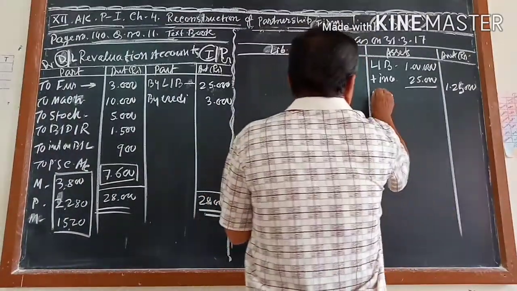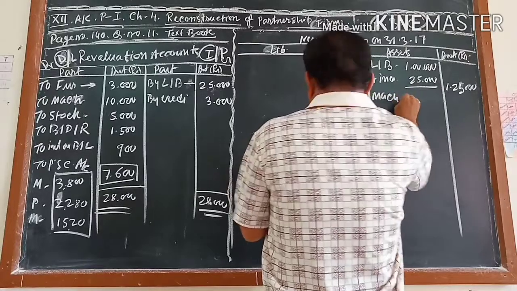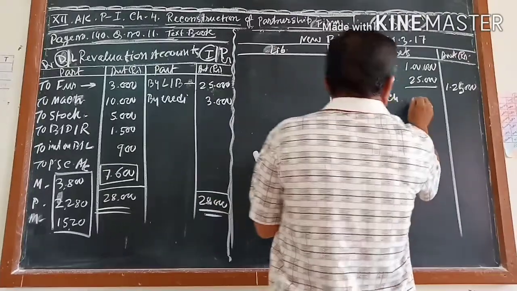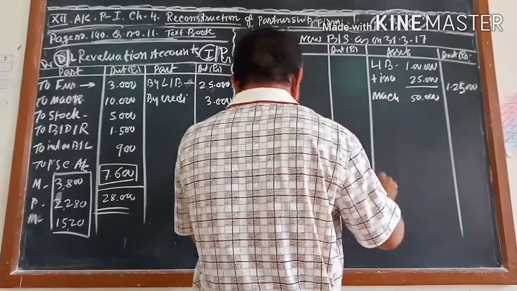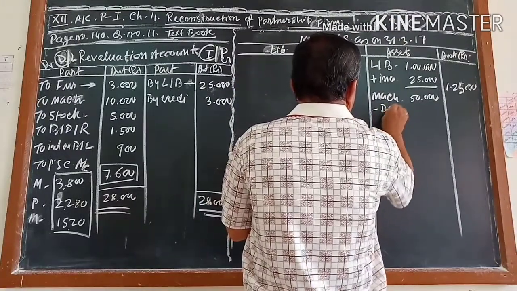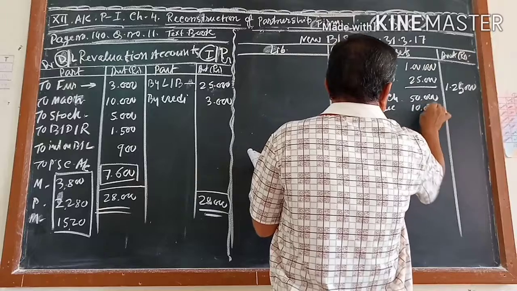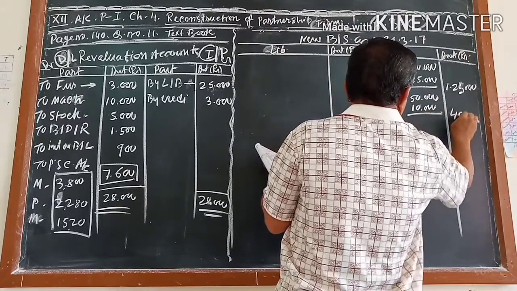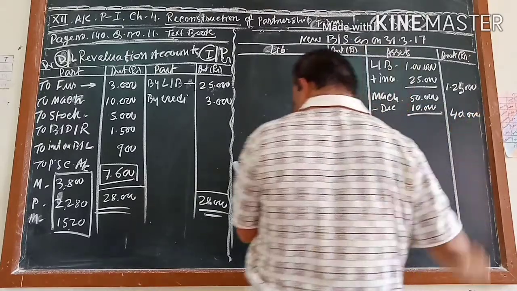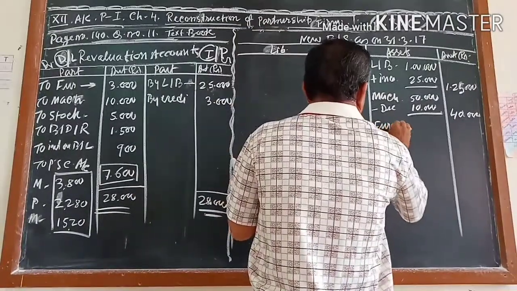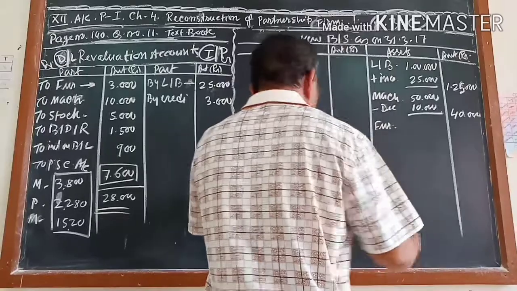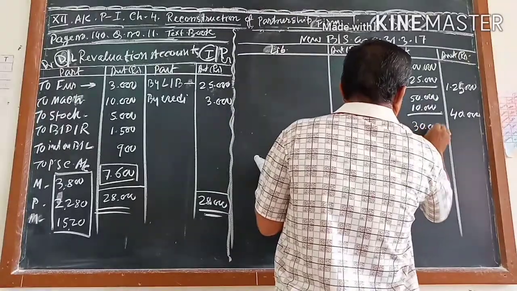Next is machinery. Machinery, how much are you having? You are having 50,000. And what was the change? It is decreased by 10,000. So outside is 40,000. Next is furniture. Furniture, how much are you having? You are having furniture of 30,000.